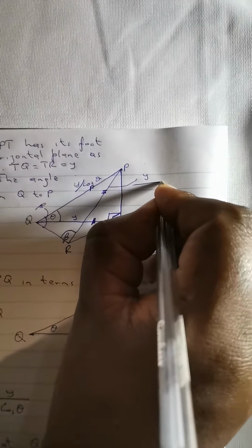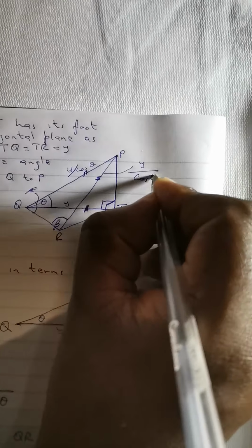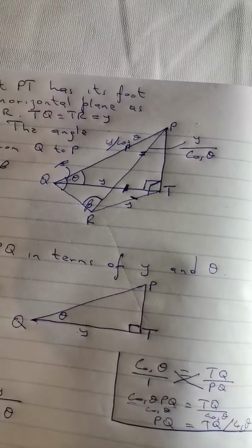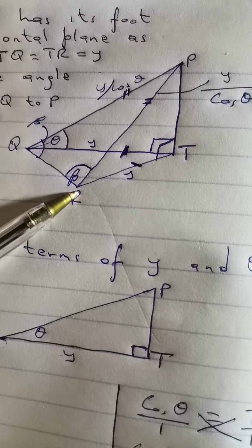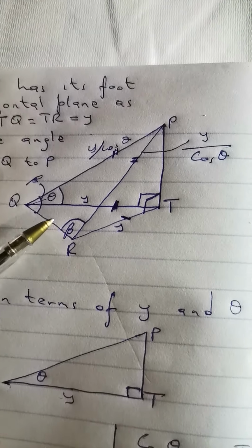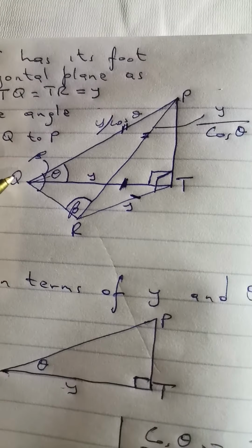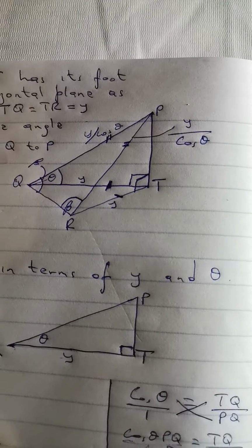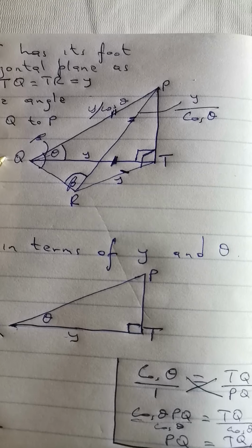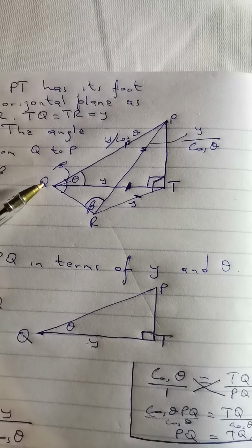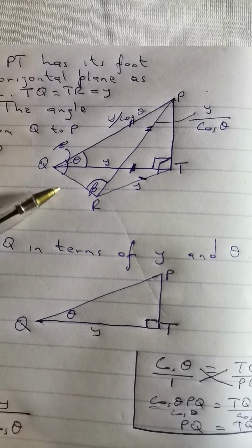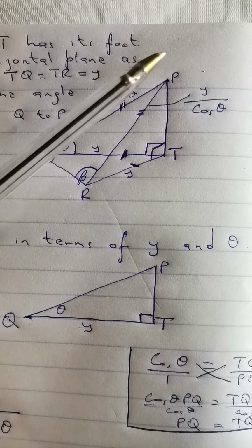So line PR is also y over cos theta. And also we have angle beta still making up one of the angles in triangle QPR. So we can safely assume that the triangle to use in solving for QR is triangle QPR.